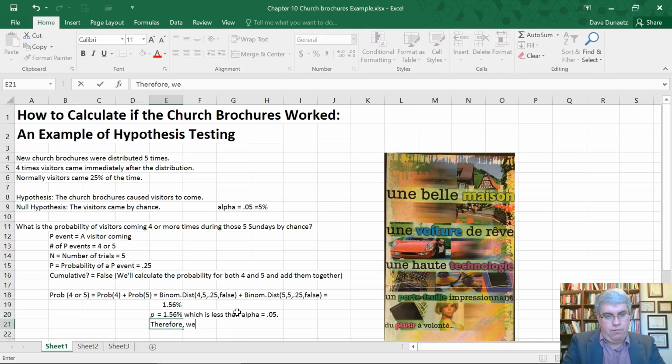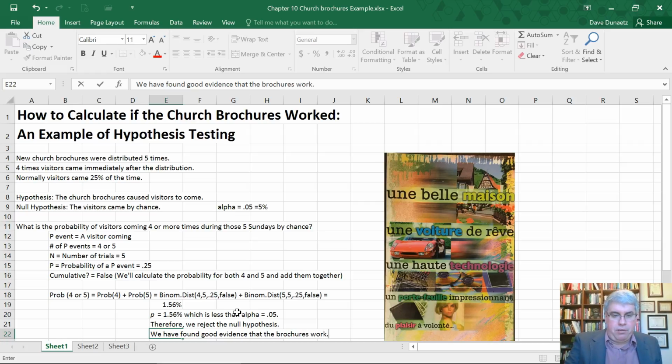Therefore, we reject the null hypothesis. We have found good evidence that the brochures work.